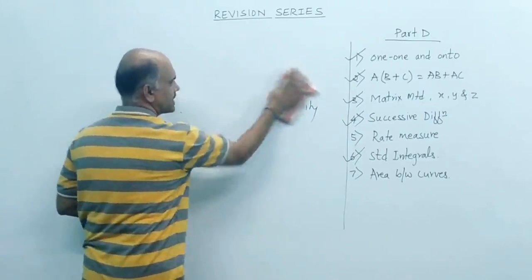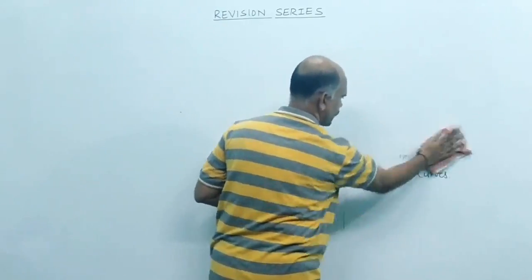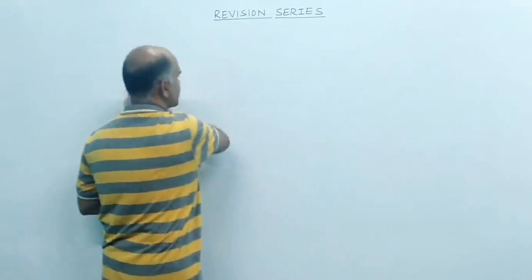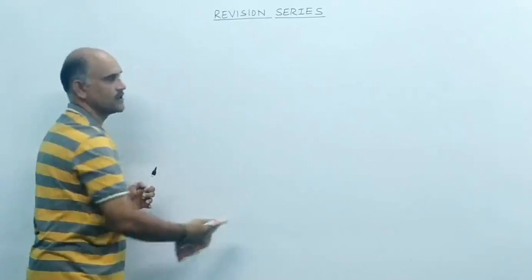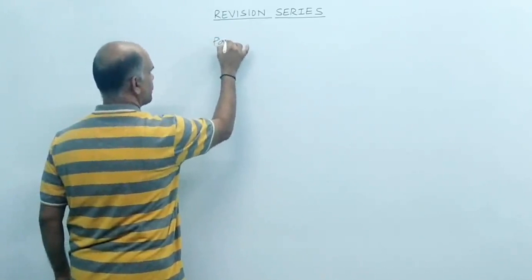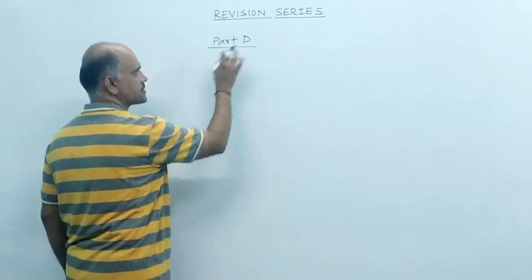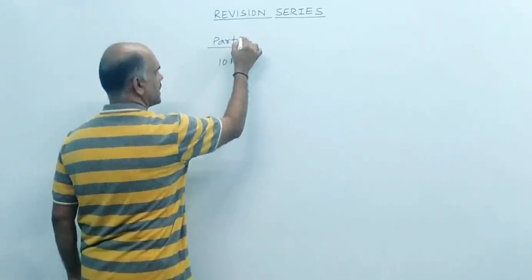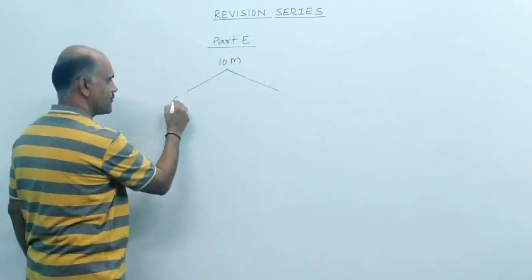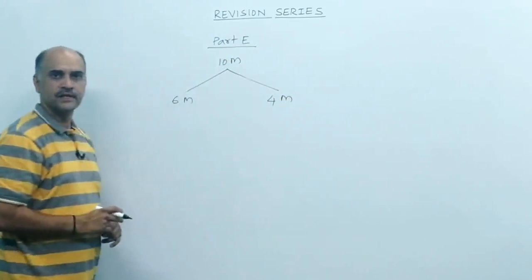Part E is of 10 marks. One question will be of 6 marks and one will be of 4 marks. So the part E 10 marks question is divided into 2: one of 6 marks and another of 4 marks.